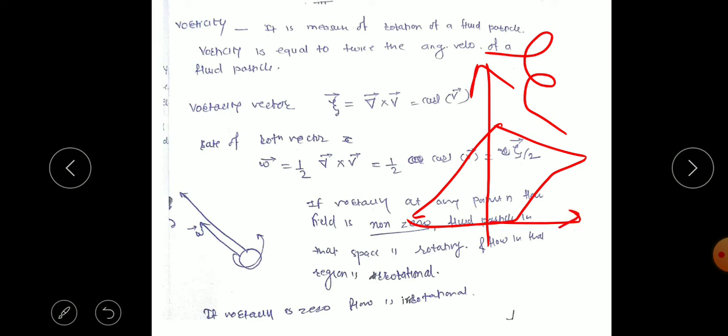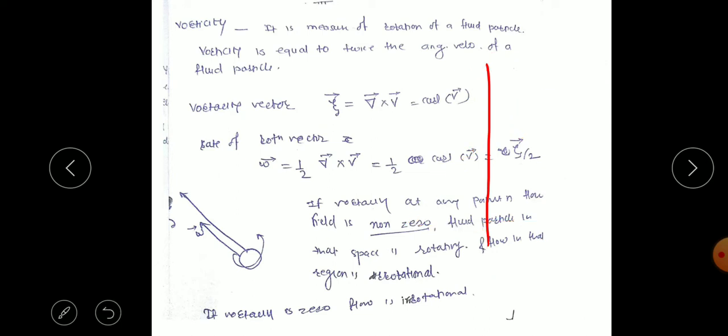The z direction will be the direction of the vorticity vector by the right hand thumb rule. In the diagram the particle is rotating clockwise, and the perpendicular to this is the vorticity vector. So vorticity is simply a measure of rotation of the fluid particle.